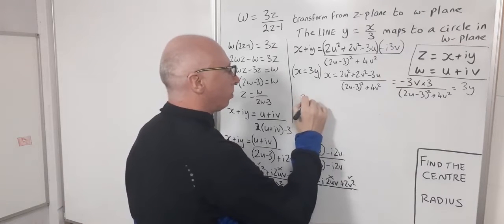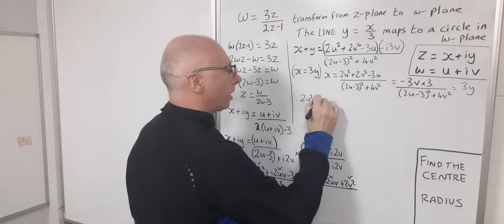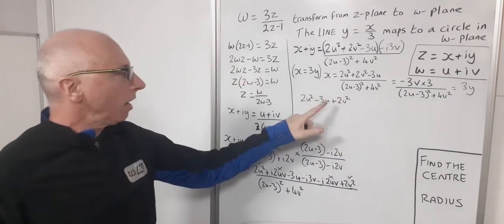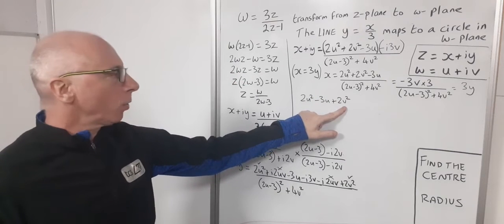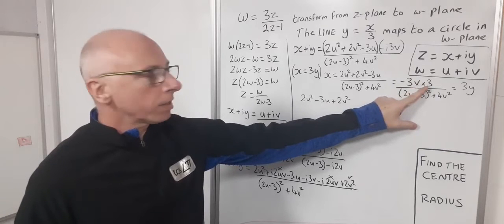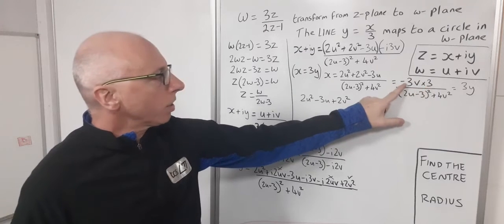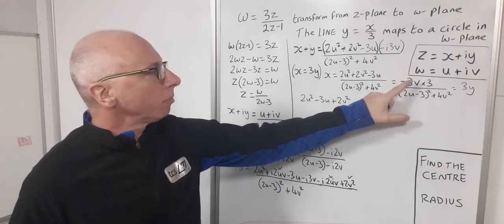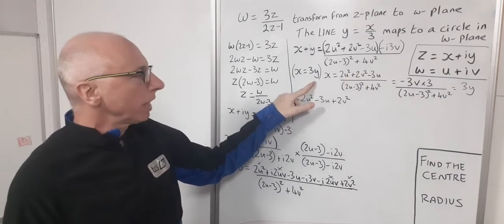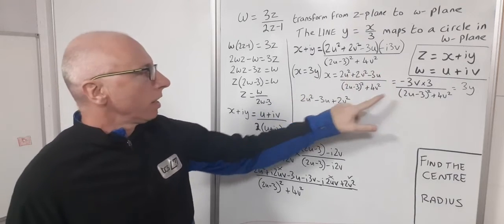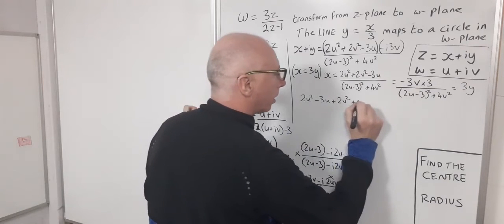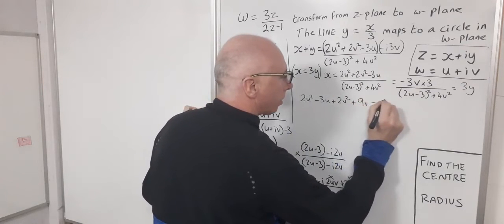I've got 2u squared minus 3u plus 2v squared. If I write that like that, that's going to help me get my equation for the circle. And I've got minus 3v times 3, which is minus 9v. Notice I lost the imaginary part because y is the imaginary part. So that's the actual i value gone. So now, minus 9v, I can just add 9v to this side and set that to 0.